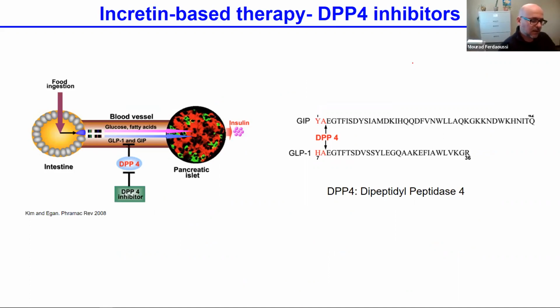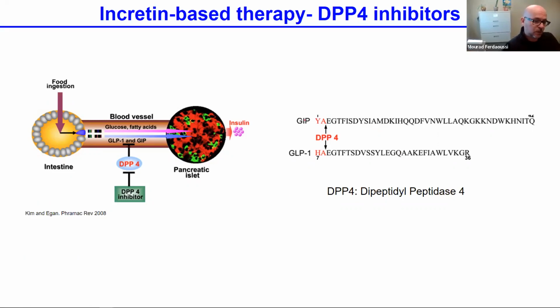The reason is that the GLP-1 and the GIP are very unstable. They are rapidly deactivated by a protein called DPP4, or dipeptidyl peptidase 4. This DPP4 cleaves the first two amino acids of these two peptides, and the GLP-1 and the GIP become inactive.